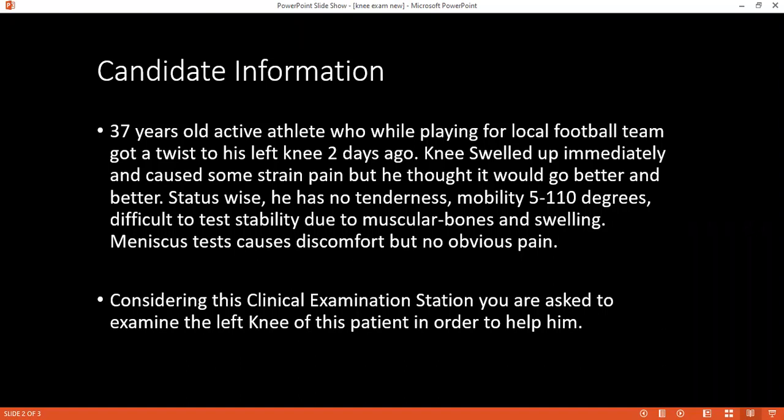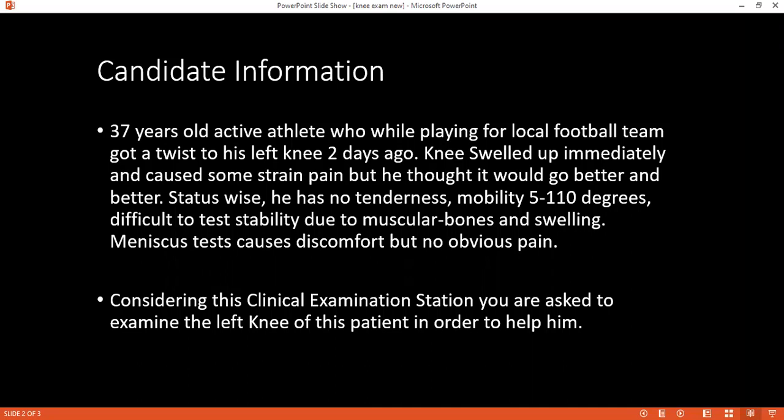Quadriceps circumference from 10 cm from the tip of the patella. Then I will check for the anterior drawer and posterior drawer tests. I also check for the posterior sag sign to assess for posterior cruciate ligament injury. Then after that, I will do the Lachman test to assess also for anterior cruciate ligament injury.